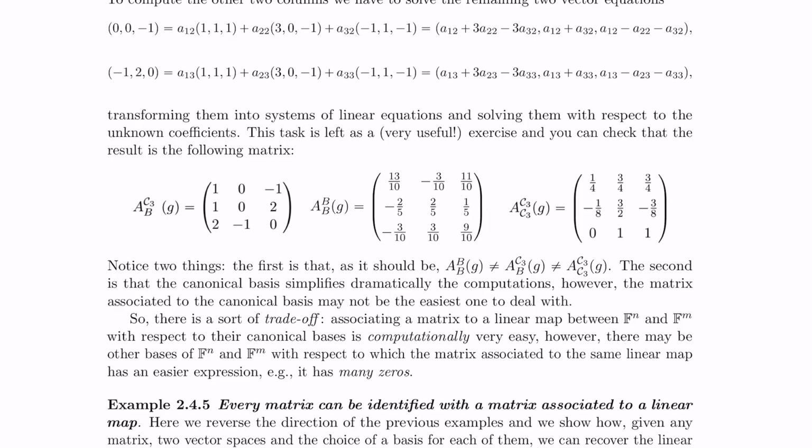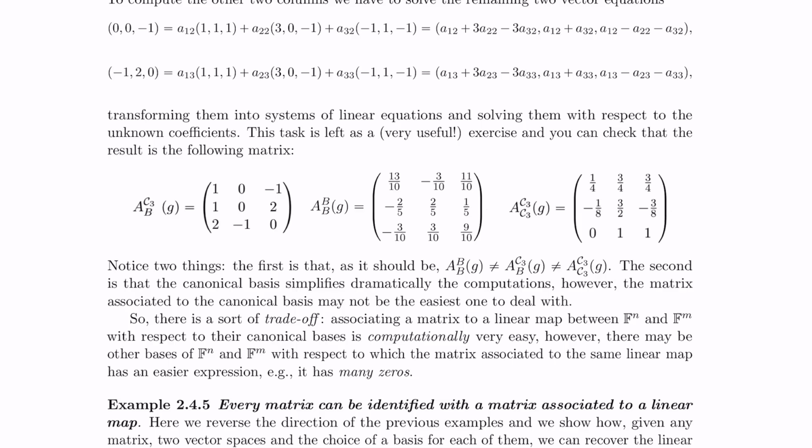In chapter 3, we're going to see that it's highly desirable to work with a matrix that has as many zero entries as possible. And so the most desirable matrix associated with G among these three ones is this one. In fact, we have 3 zero entries here. Here we have no zero entries, and here we have just 1 zero entry.